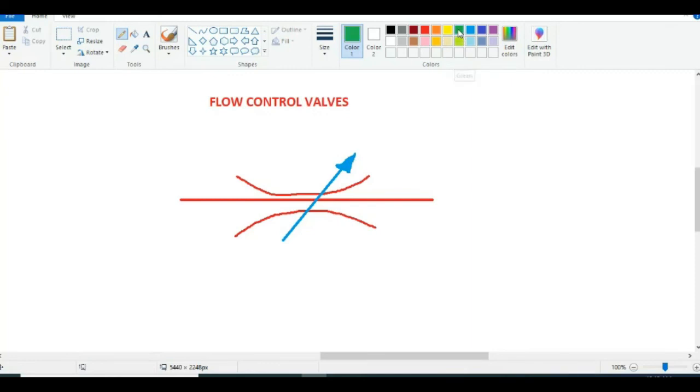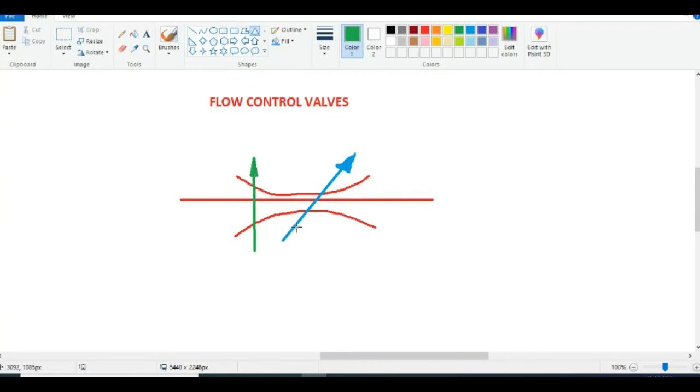If you show vertical arrows here, like this, this is called pressure compensated. What does this vertical arrow indicate? The pressure compensated.